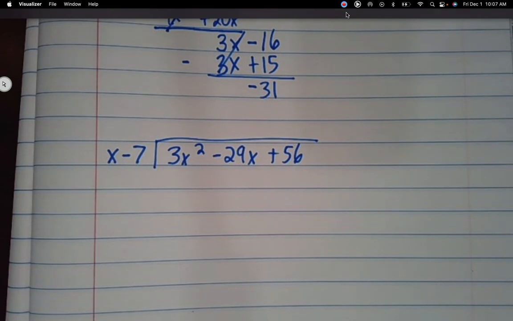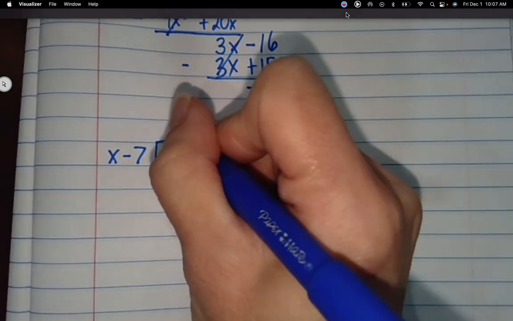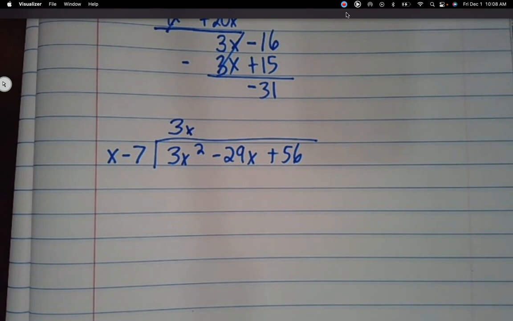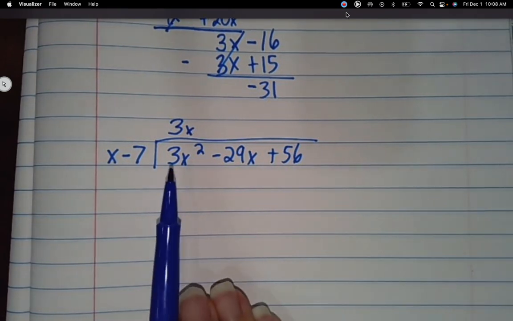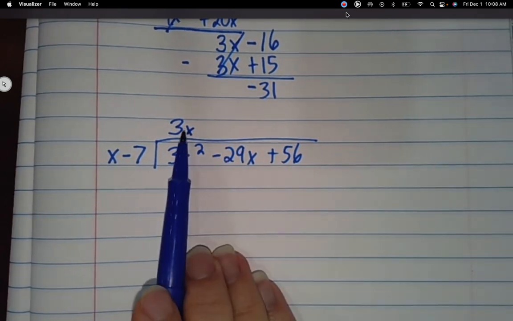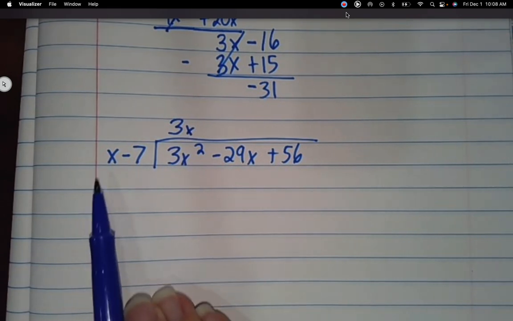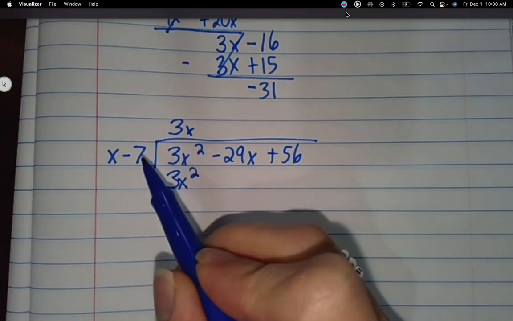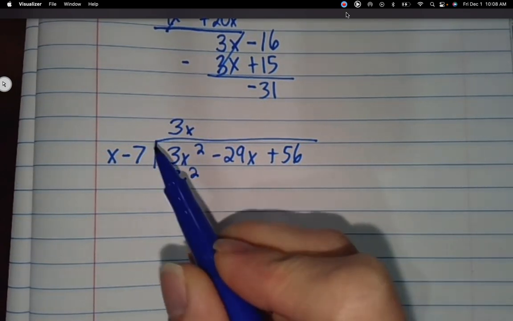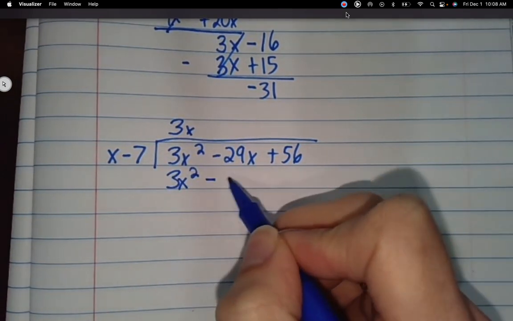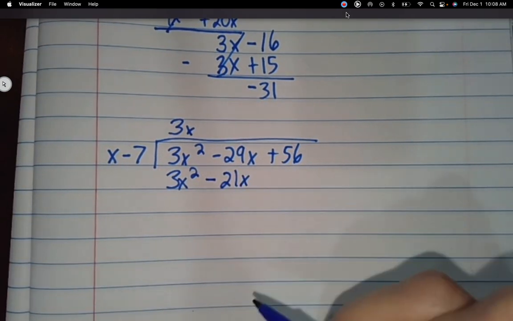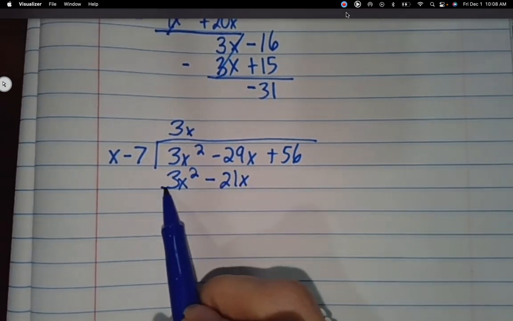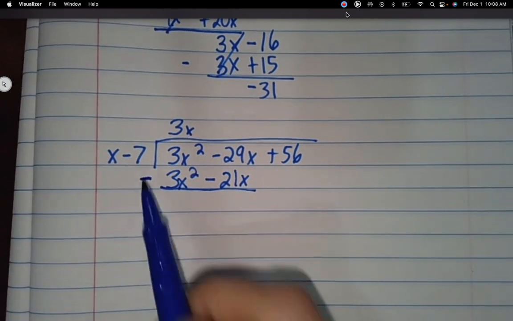What's the number that I need? A 3 and an x, because it has to match 3x squared. So 3x times x is 3x squared, and 3x times 7, and it's a negative 7, so I'm going to put a minus 21x. And I'm going to put my little minus sign right there.